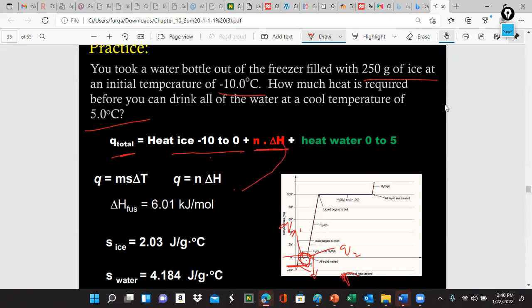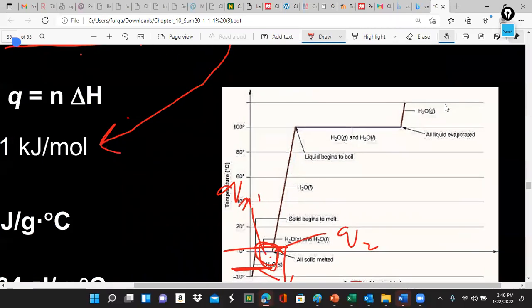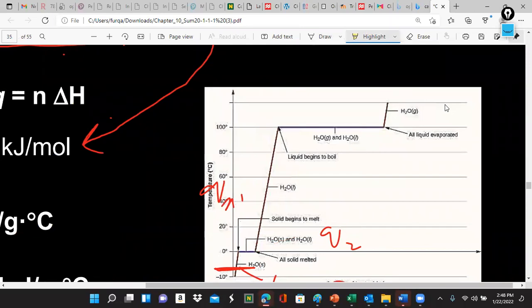This heat is going to be the heat of fusion. We'll get it from literature. And then again Q1, QX1, and then Q2, which is only the little portion from 0 to here.